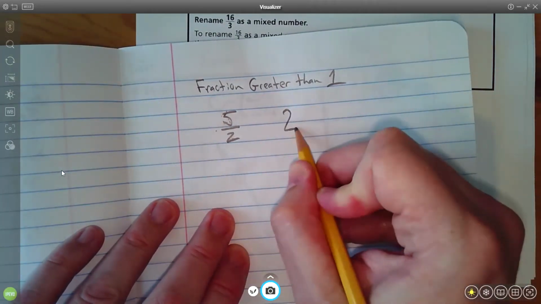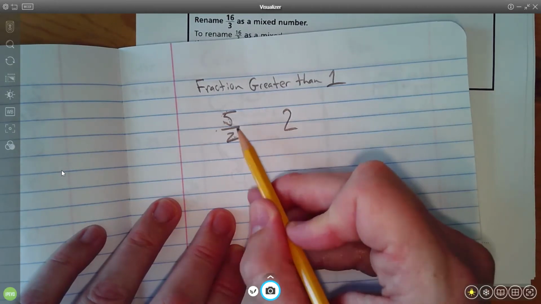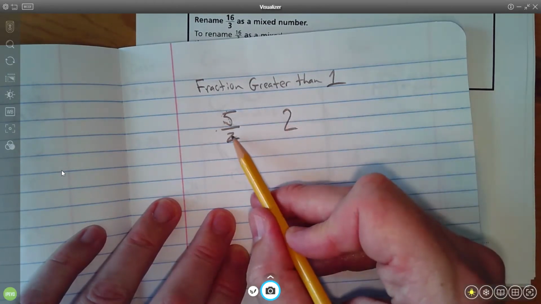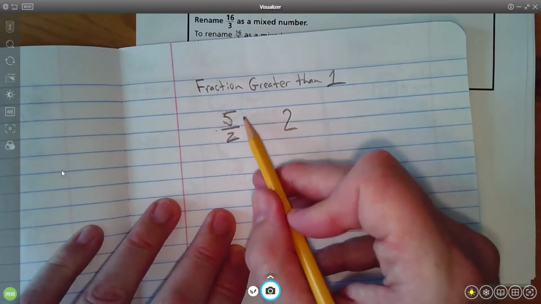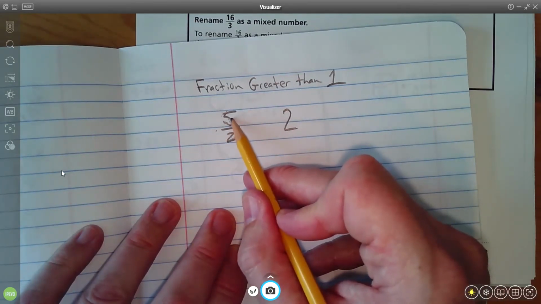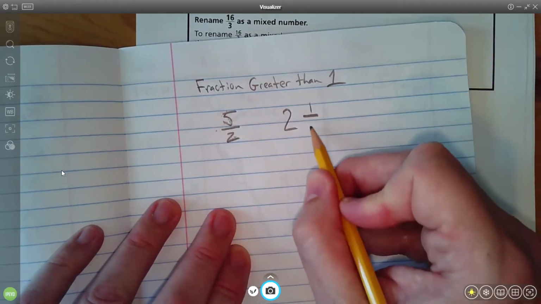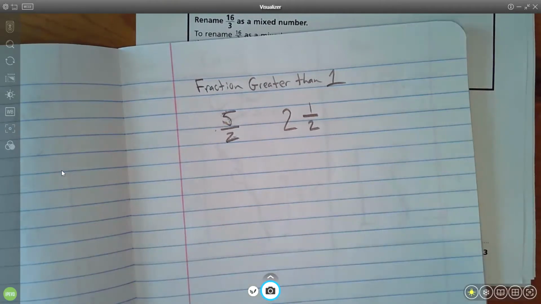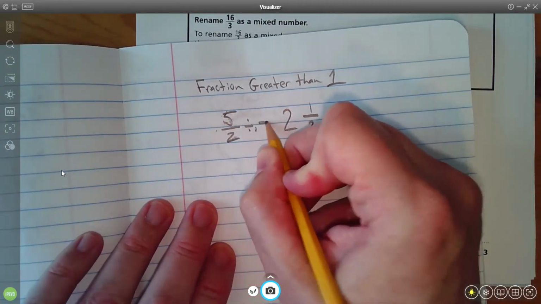So that's the big number, 2. And then if I took 2 chunks of 2 out of there, I'm taking 4 out. If I had 5, take away the 4, that leaves me with 1 left over. So I divide and minus.